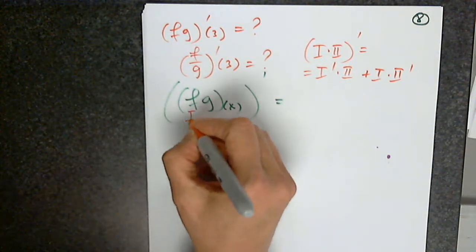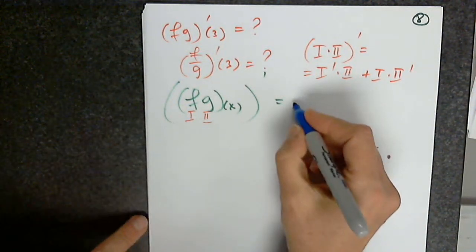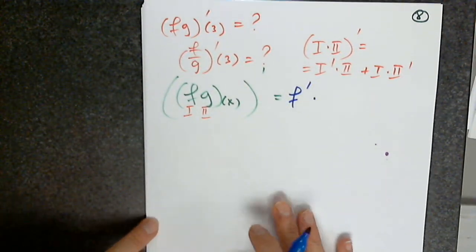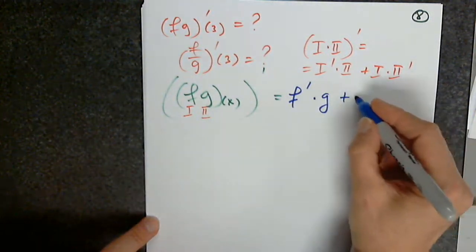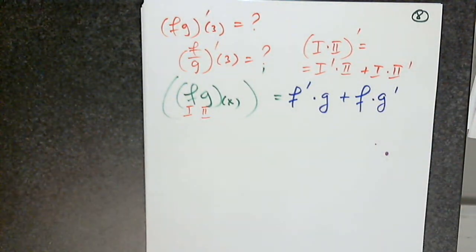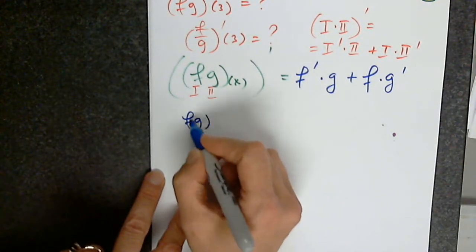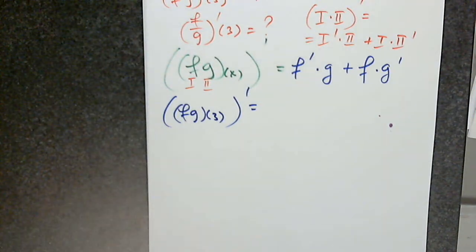This is the first, and this is the second. So what do I have to do? f prime times g, very good, plus f, it's a product, yes, times g prime. Excellent. So now I can replace and say fg of 3 prime will be then what?